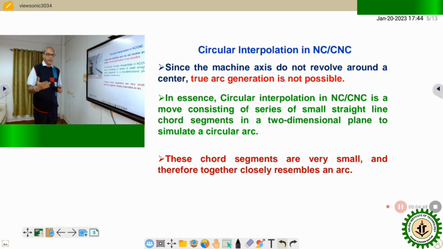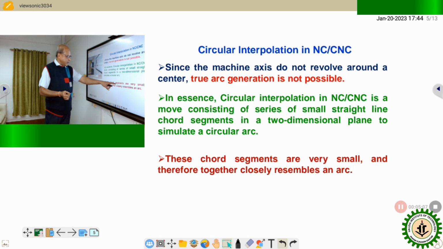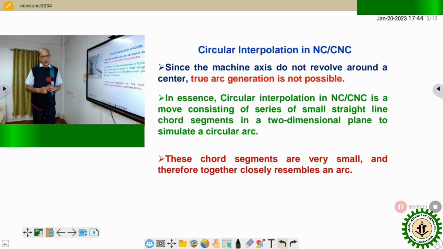So essentially what we are doing, we replace or approximate the circular path as closely broken down small chord segments so that we can generate an approximate circular path instead. These chord segments are very small and therefore together closely resemble an arc. So the error is not substantially high and it is acceptable for mechanical applications.